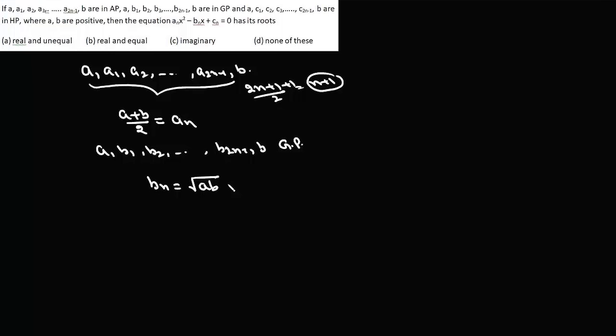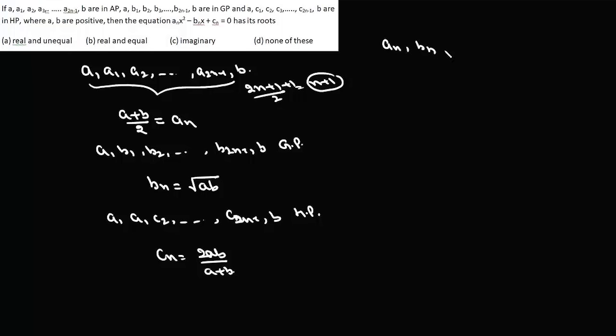So Bn is equal to under root AB, and the same way A, C1, C2, ..., C2n minus 1, B are in HP, then their middle term Cn will be 2AB upon A plus B. Now we know that An, Bn, Cn themselves are in GP. So basically we'll have Bn square equals An into Cn.